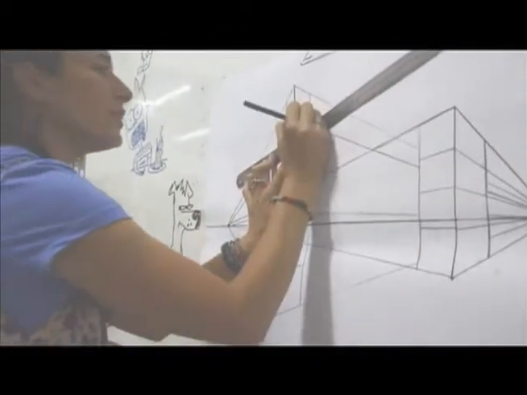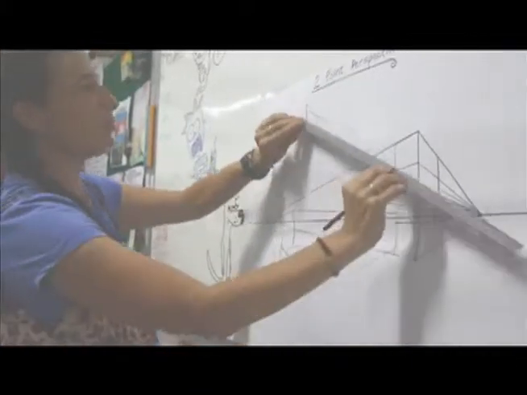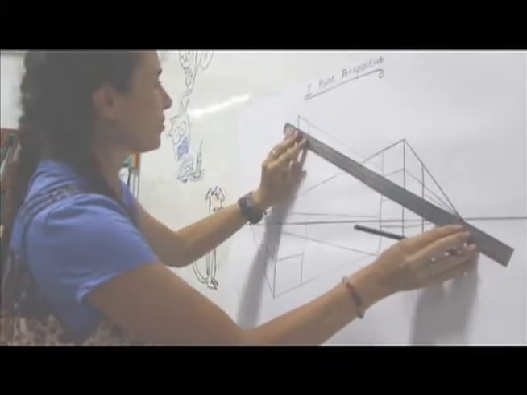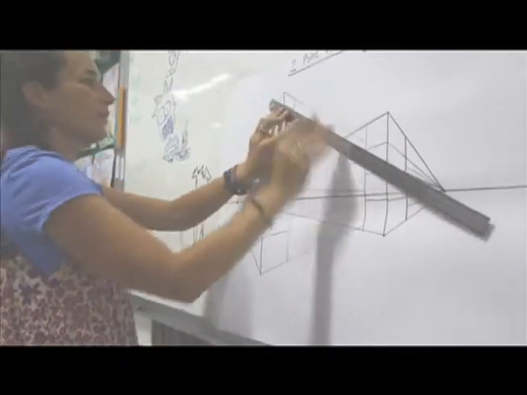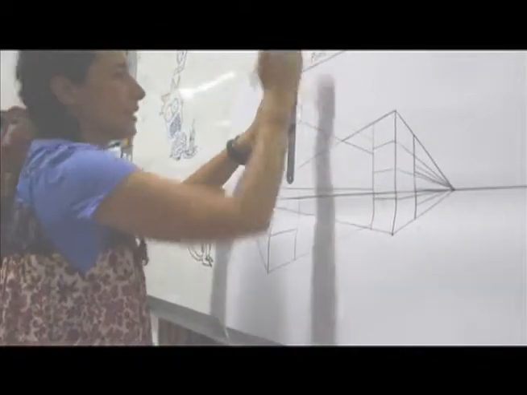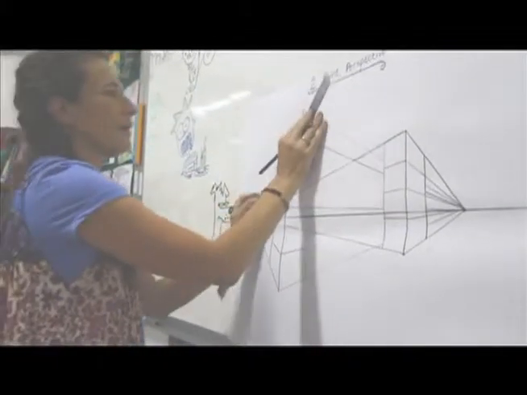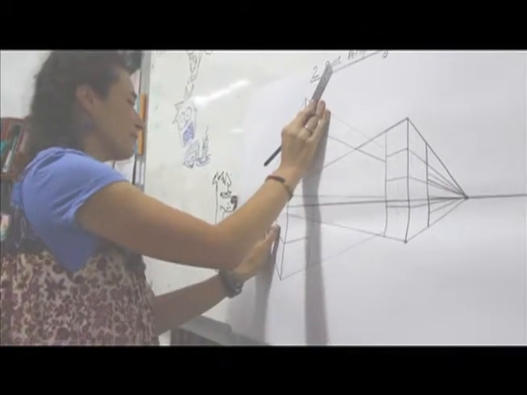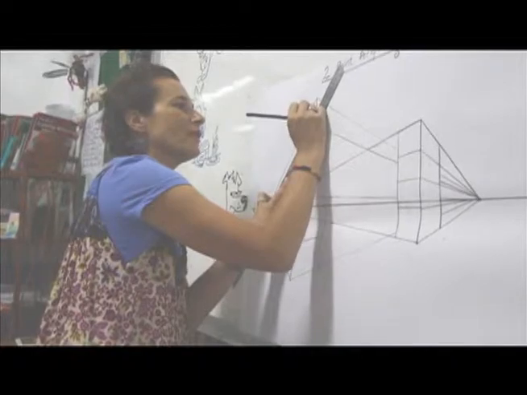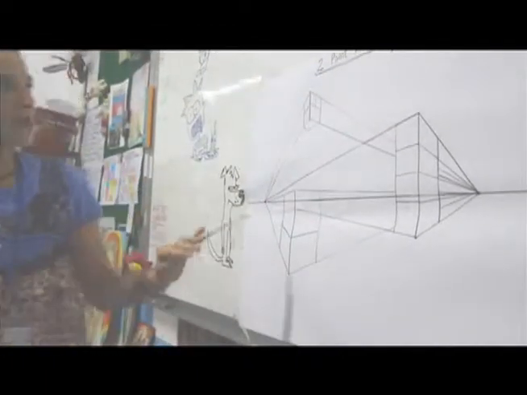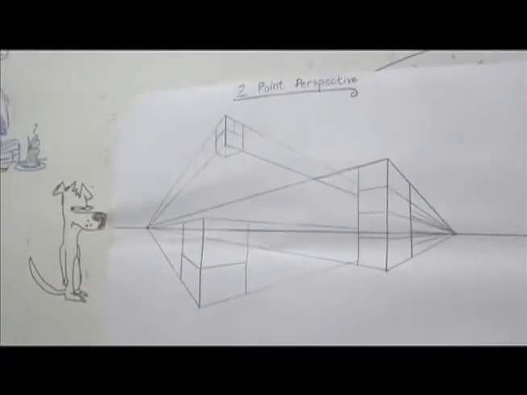Now this was a quick mini lesson on two-point perspective. We can go around and add details and more windows and things. I'm going to make a little control center in my little flying one. And you guys can continue to use two-point perspective. And the next lesson will be three-point perspective, four-point perspective, and then my favorite, zero-point perspective. So there's our brief mini lesson on two-point perspective, using two vanishing points instead of one.